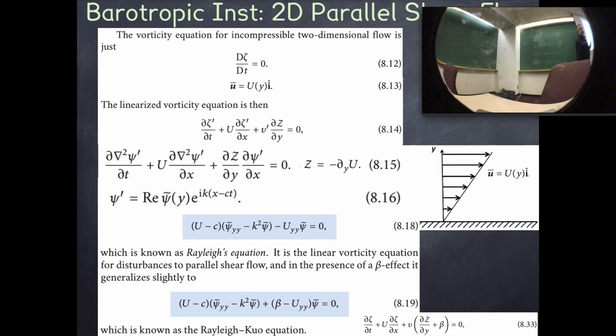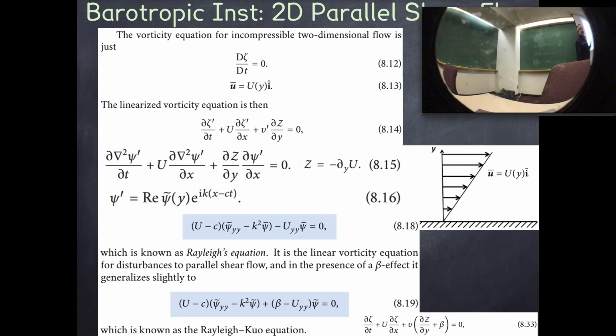Where did it go? The x's went away because we gained a k squared by taking the x derivatives, and then that's all we got because it's Fourier in that direction. The times went away because we took time derivatives, and then we got a kc every time we took a time derivative, which gives us this c right here. But we don't have any more derivatives in time or derivatives in x left once we've made this ansatz.